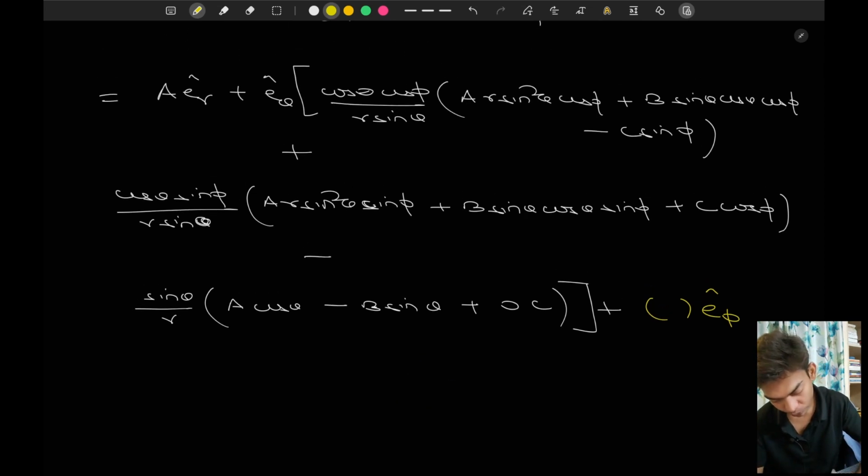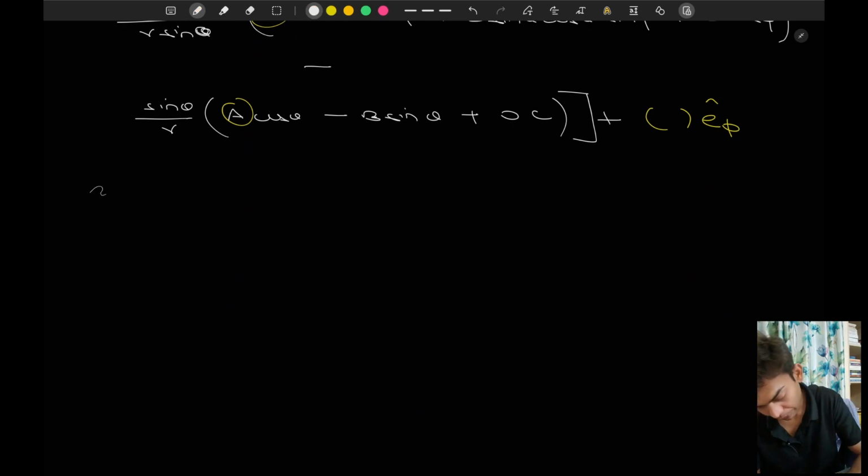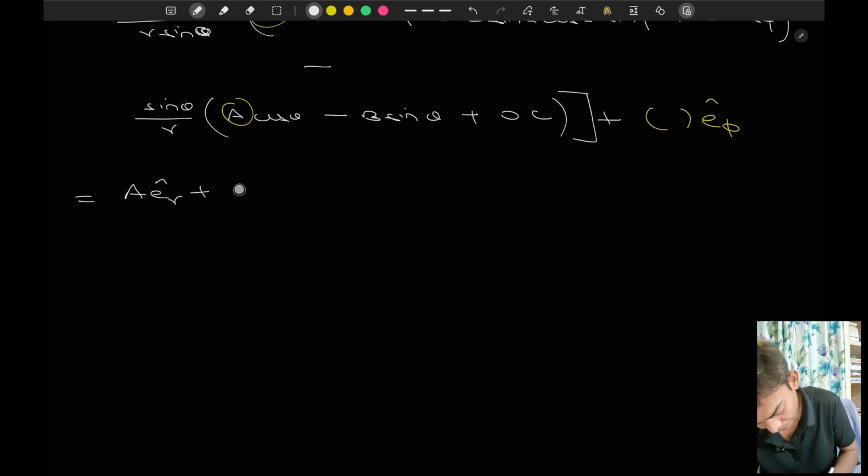Now again what we have to do is collect coefficients for a, then b, and then c, right? That's what we will do. So we have e theta, a.